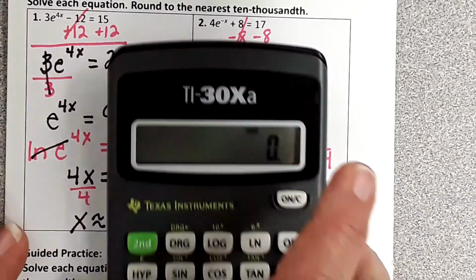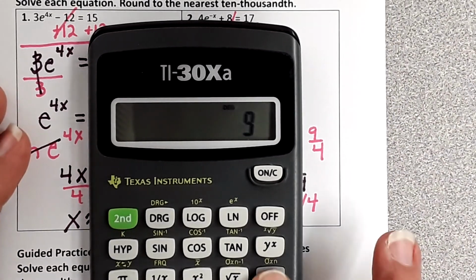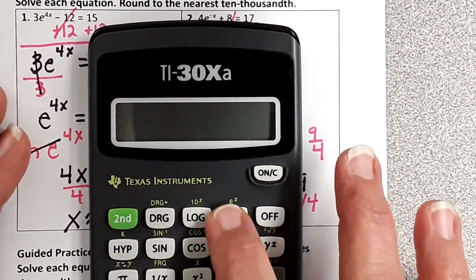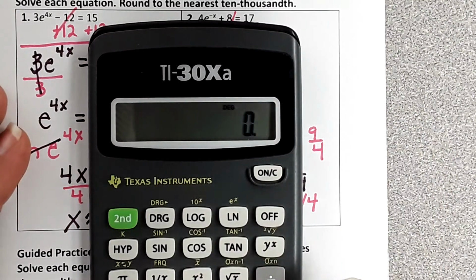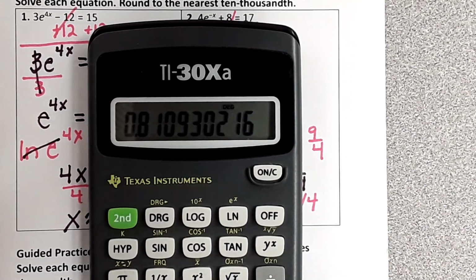There are 2 ways you can do it on this calculator. You can either do 9 divided by 4 equals and then hit ln, or you can do 9 fraction bar 4 ln. And just make sure you make it negative.